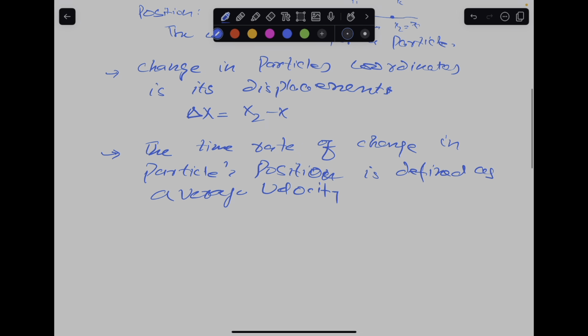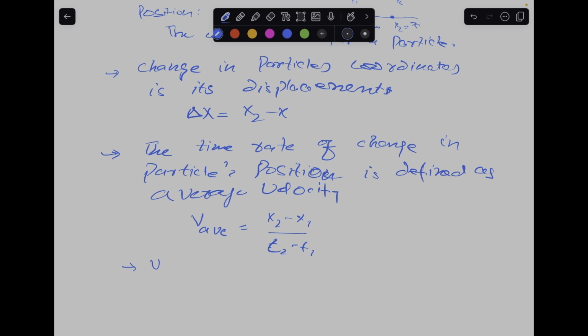So the average velocity is defined as x2 minus x1, the change in displacement, over t2 minus t1, which is the change in time. So this is the average velocity.